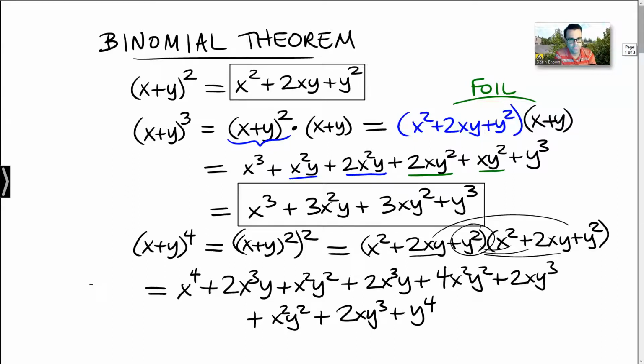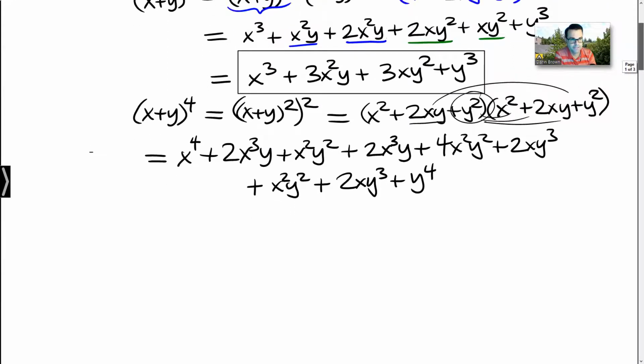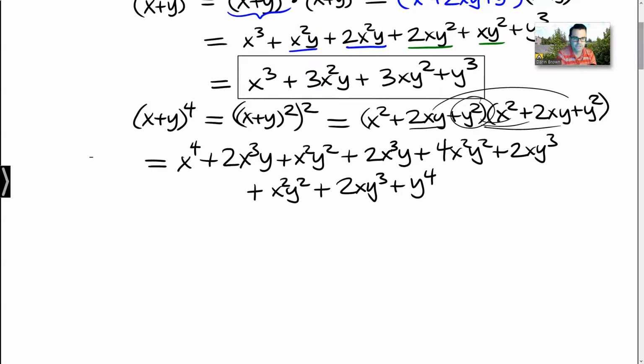And again, now you can see why you don't want to do this too much, right? This is getting pretty lengthy. So we want to collect like terms. So let's see, there's x cubed y, x cubed y. There's x squared y squared, x squared y squared. And then there's xy cubed, xy cubed.